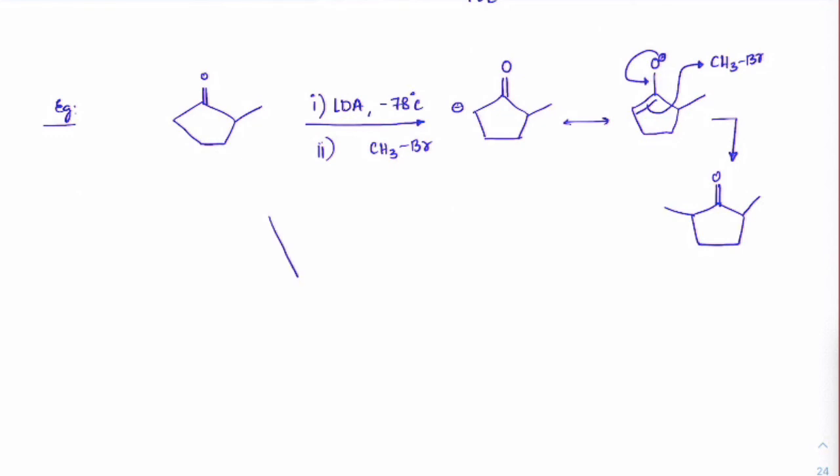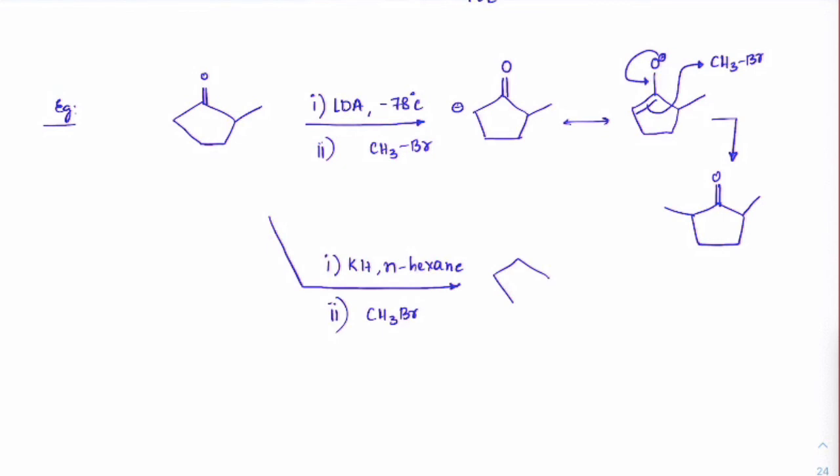But imagine the same reaction is being asked to do with first KH in n-hexane. Temperature is not mentioned, which means you will take around room temperature. Then CH3Br. So this H minus now will extract the proton from this carbon.